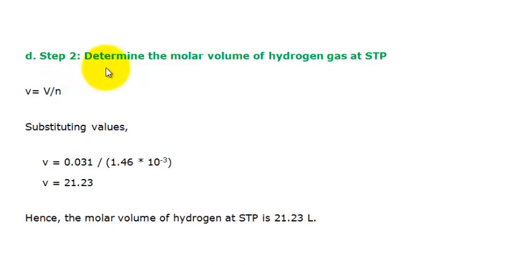D. Step 2. Determine the molar volume of hydrogen gas at STP. Now we need to use this formula. Molar volume equals volume of gas at STP divided by number of moles of gas. Now the volume of hydrogen gas collected at STP was calculated in D step 1.